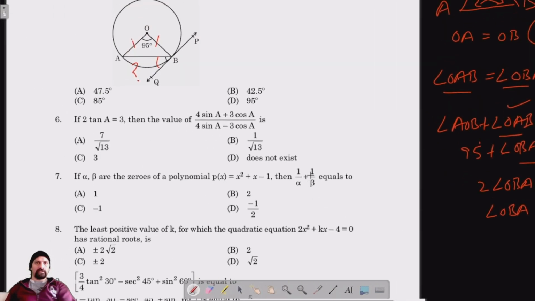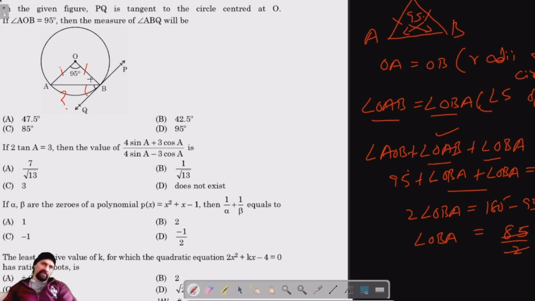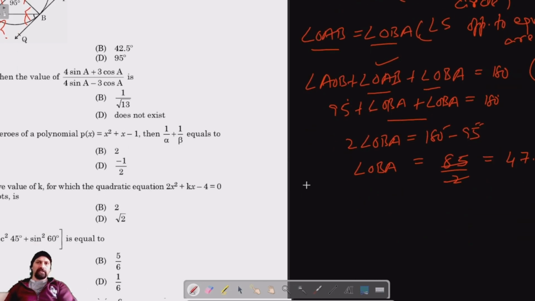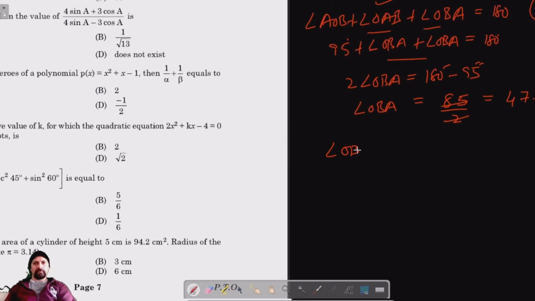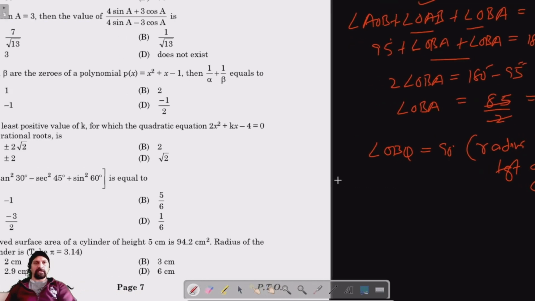The angle OBA is 47.5 degrees. Now angle OBQ is 90 degrees because the radius is perpendicular to the tangent at the point of contact.